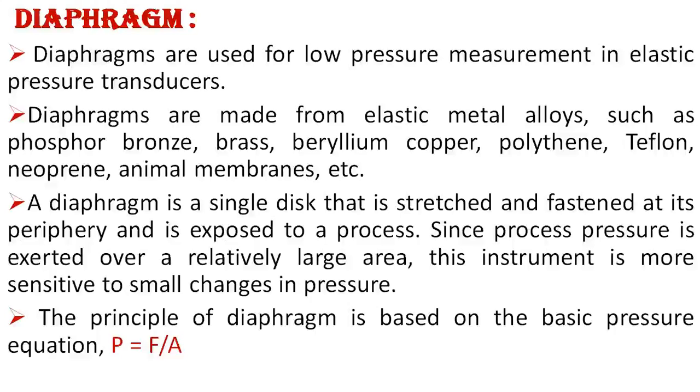Since process pressure is exerted over a relatively large area, this instrument is more sensitive to small changes in pressure. The principle of the diaphragm is based on the basic pressure equation, that is, pressure is equal to force upon applied area.